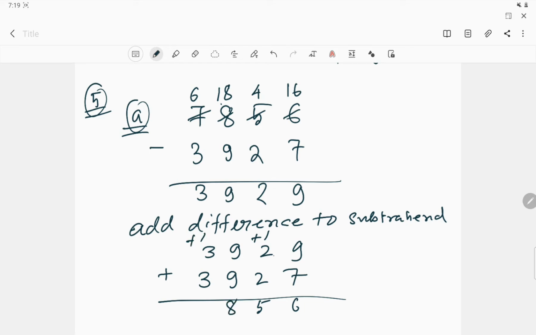So 3 plus 3 is 6 and 6 plus 1 is 7. So yes, this is our minuend. So our answer is right. So this is checked.